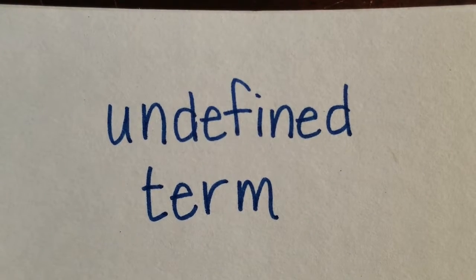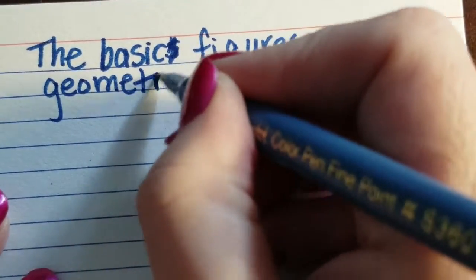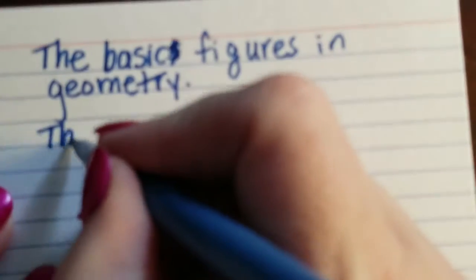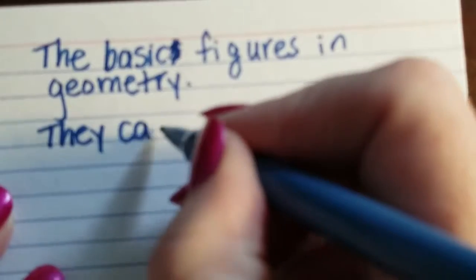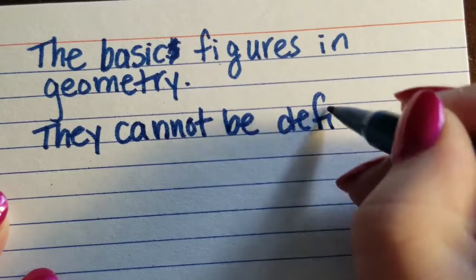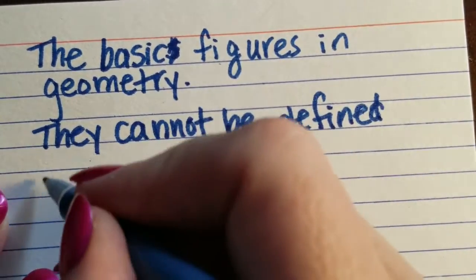An undefined term in geometry are the most basic figures in geometry. And they're called undefined because they cannot be defined by using other figures.